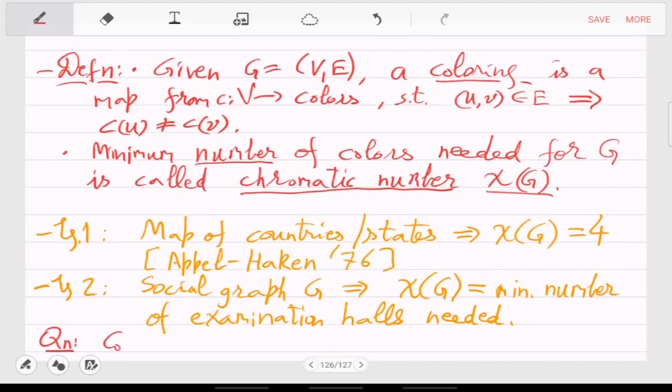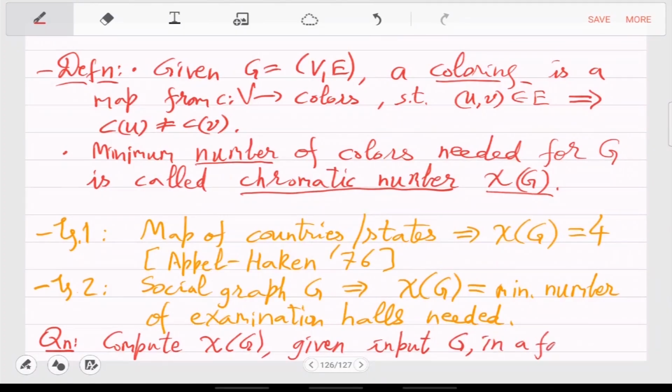That's an open question, in a fast way. Okay, so there is no fast algorithm, and none is believed to exist as well. These are one of the harder problems in computer science.